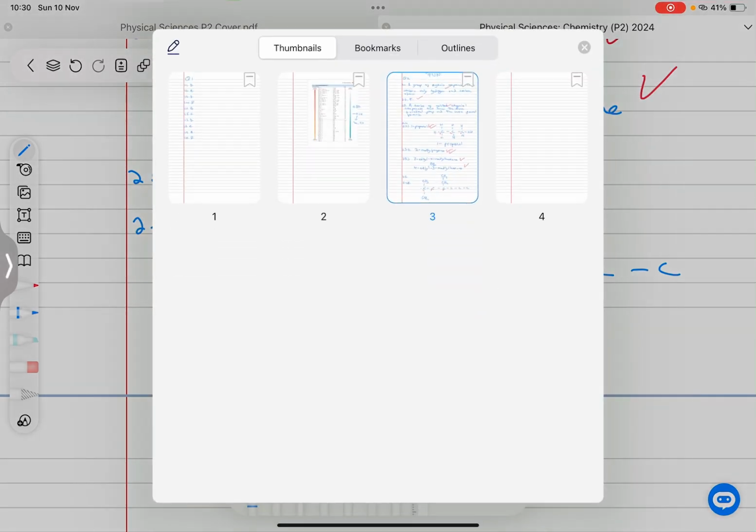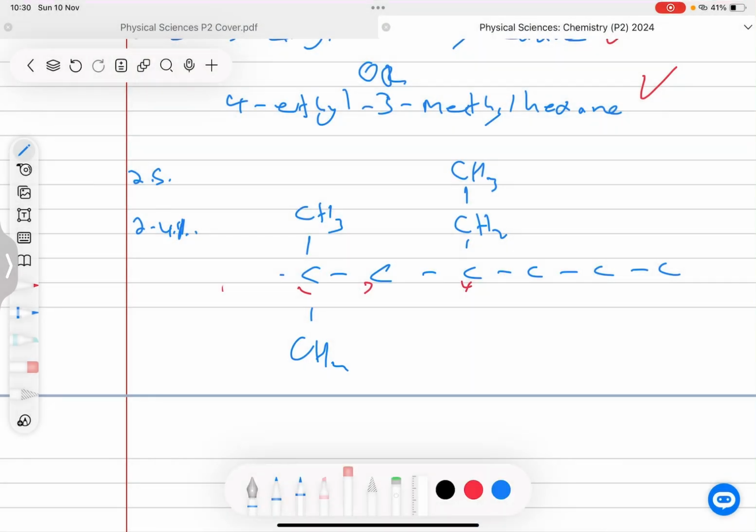I can say here that I have H3, because remember that this carbon should have a total of 4 bonds, and already I have 1 here.